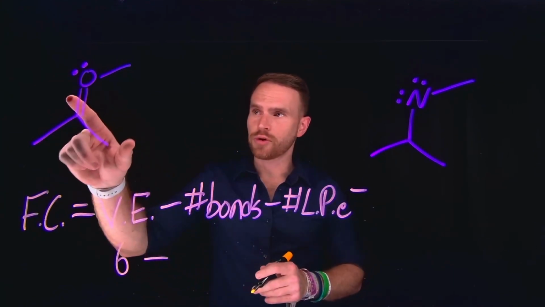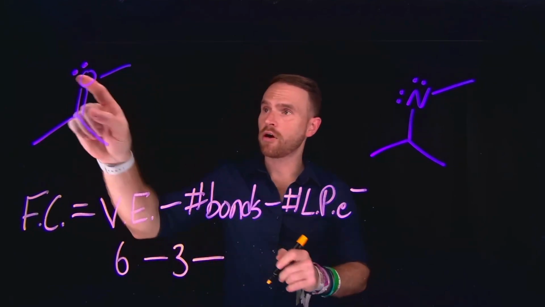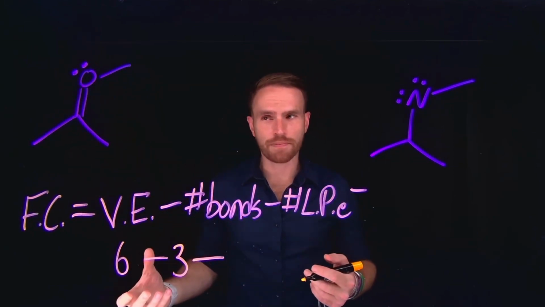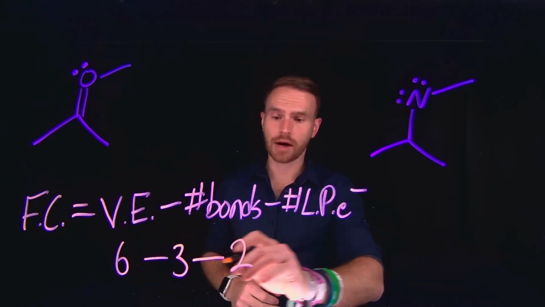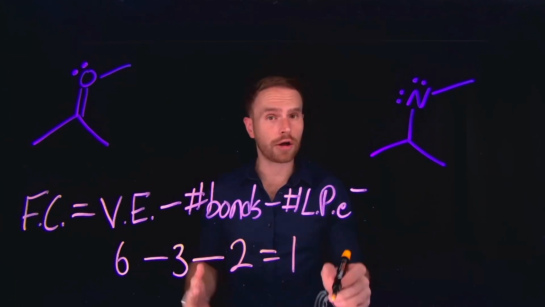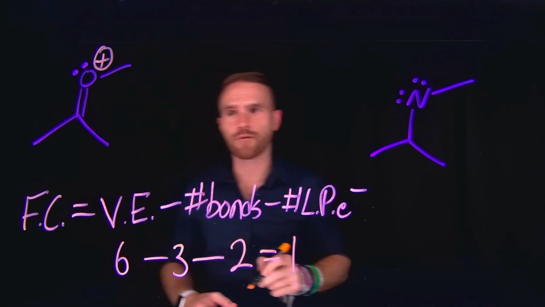In this molecule, there are 1, 2, 3 bonds surrounding oxygen, and there are 2 electrons as a lone pair also, giving us 6 minus 3, which is 3, minus 2, which is equal to 1.